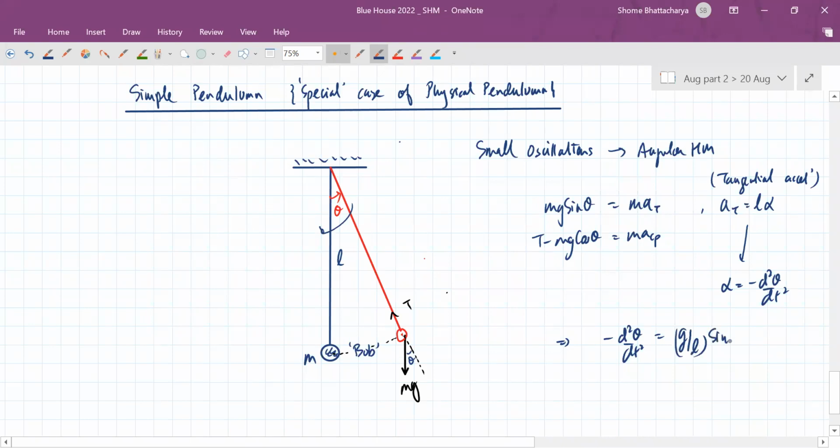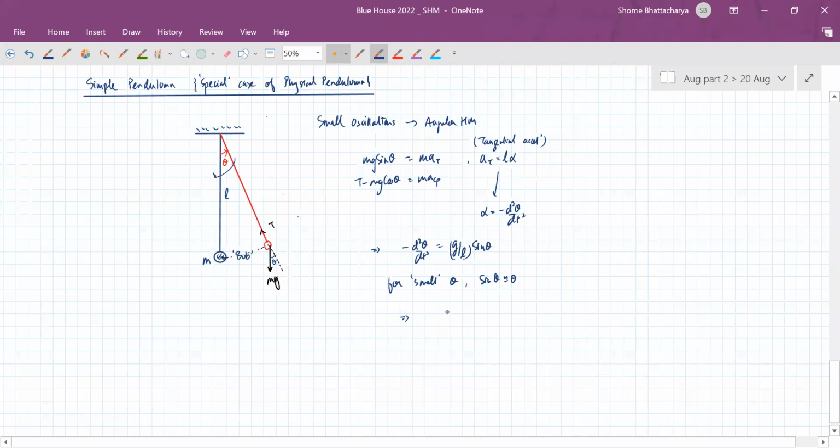And for small theta, we get the harmonic motion condition. So the derivational approach is this.